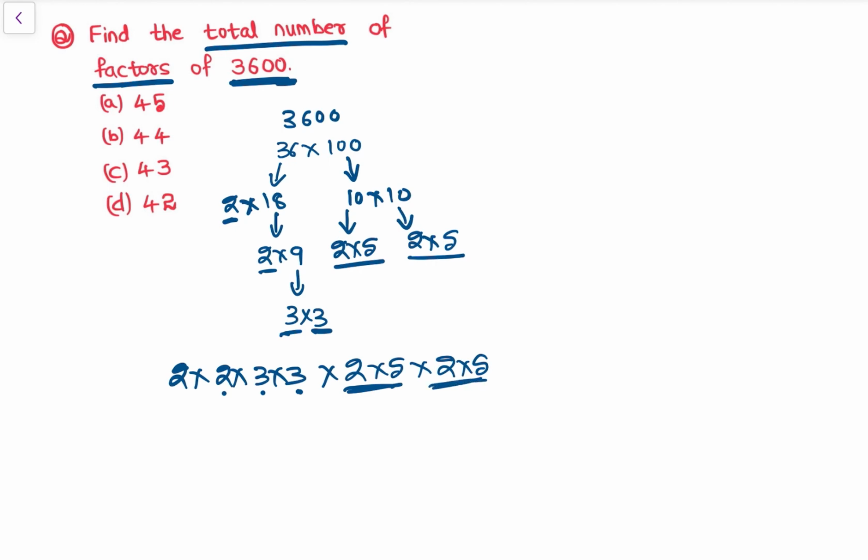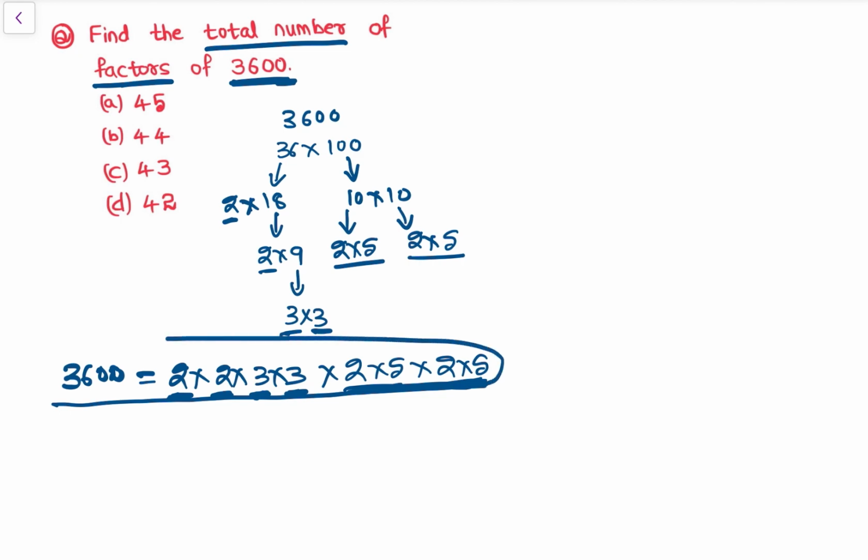Basically, if we multiply all these things, it would be 3600 only. Multiplying: 100 into 3 is 300, 300 into 3 is 900, 900 into 2 is 1800, 1800 into 2 is 3600.